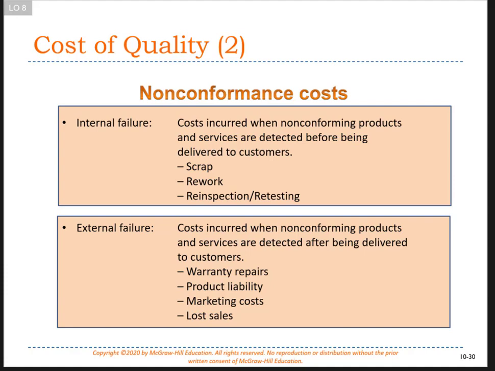Or you ship it all the way. That's if you catch it before you send it. If you send it and it's garbage, then you're going to either be providing warranty repairs, you're going to be subject to lawsuits, you're going to have your reputation hurt, you're going to lose all kinds of situations that are from an external failure.